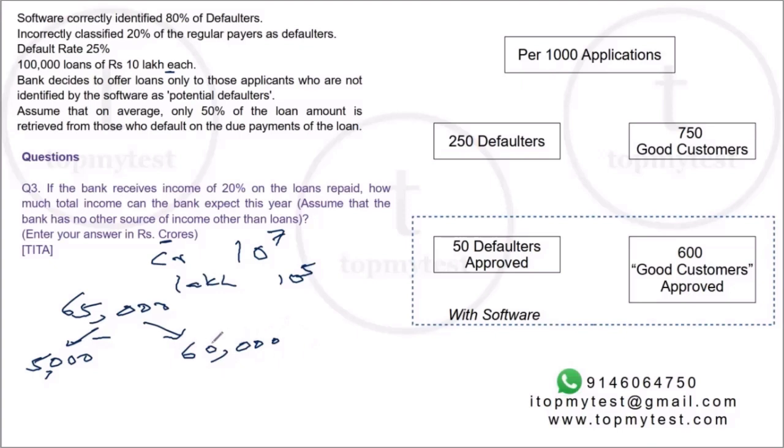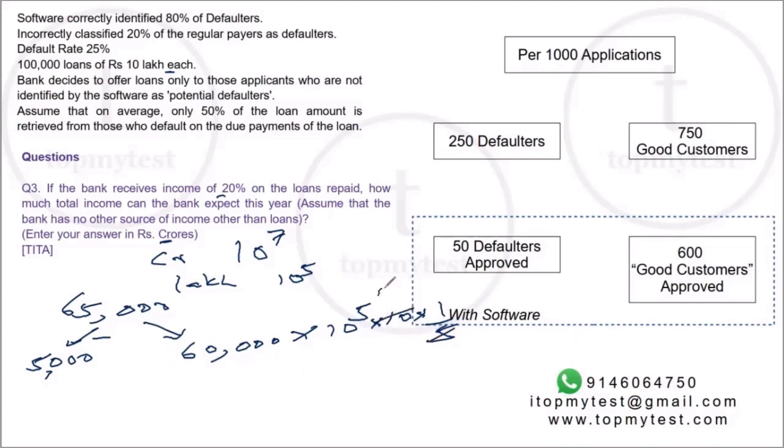Out of these 60,000 people, each of them gets a 10 lakh rupee loan, so 10 into 10 lakhs, which is 10 into 1 lakh, so 10 to the power 5. What is the earning? Earning is 20%, so 1/5. This will be the profit from these 60,000 customers.